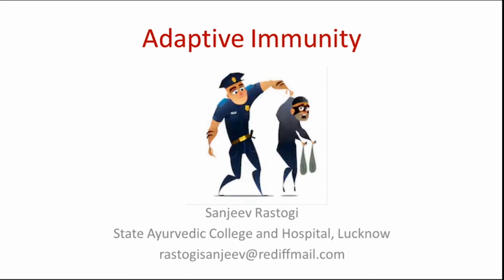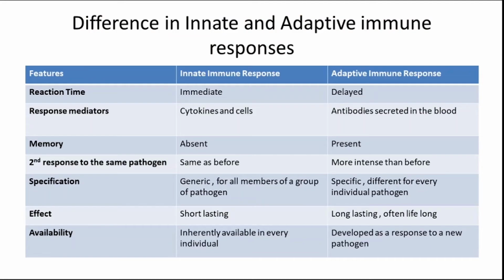Innate immunity is mostly non-specific, whereas adaptive immunity comes as a second level of defense, which is rather active against more specific pathogens. Before we talk further, we can initially summarize the differences between the innate and adaptive immune responses.